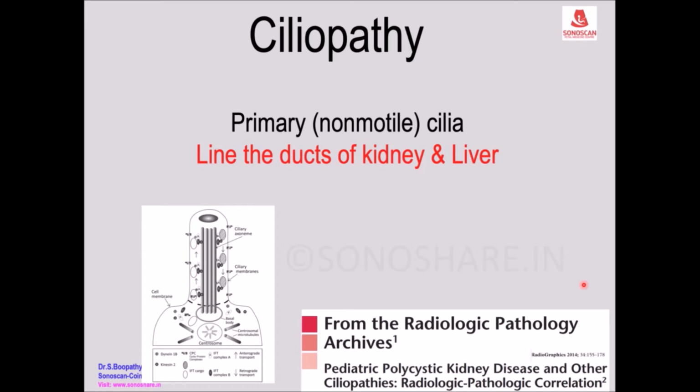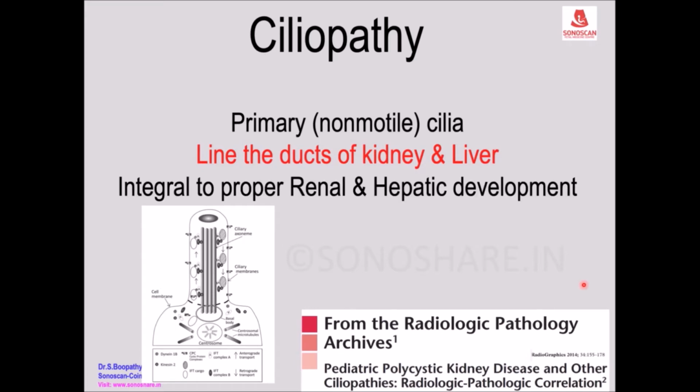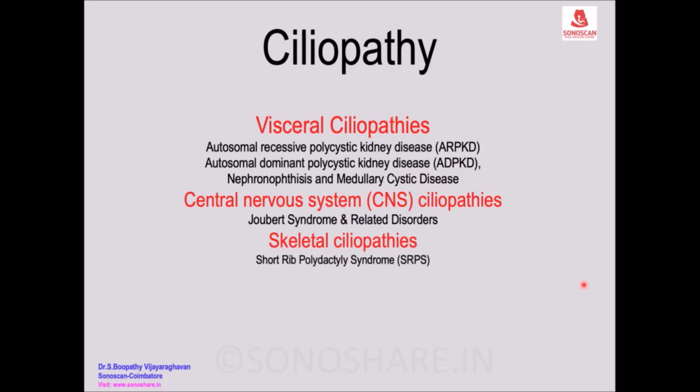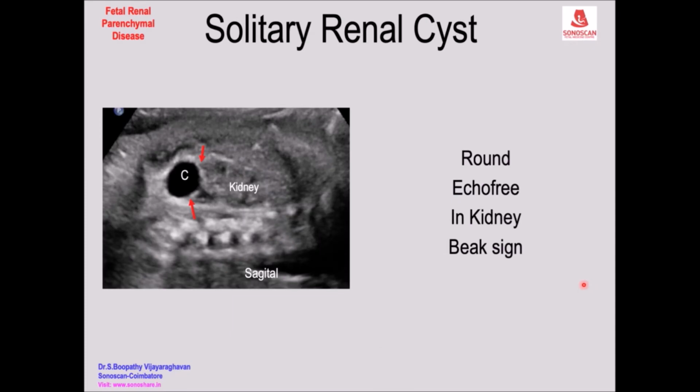As a result, faulty development results in ciliopathies, where we get Joubert syndrome and related disorders, which is a big spectrum, or it can present as skeletal ciliopathies. It can be seen because of the beak sign. So that is the beak sign on either side.